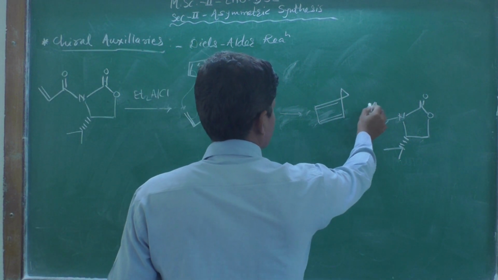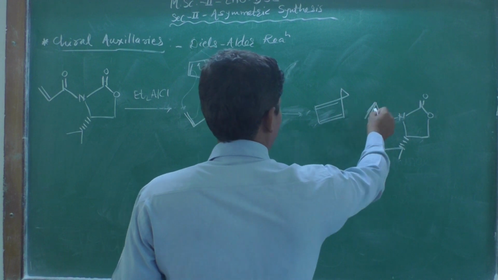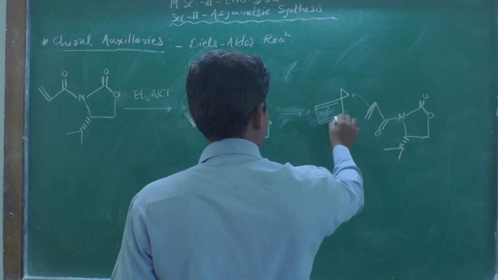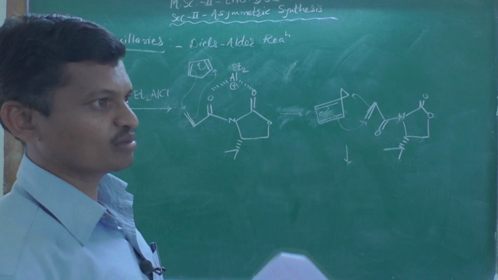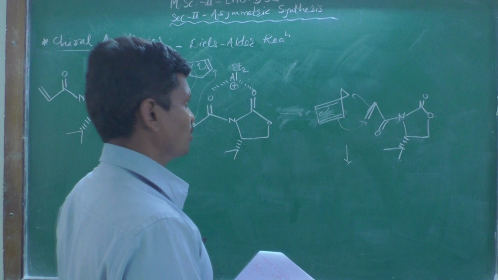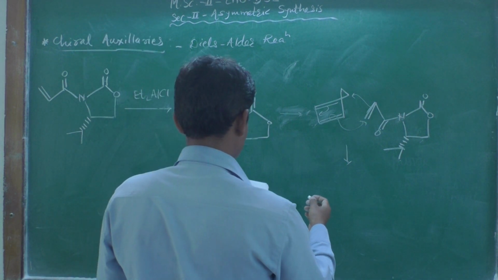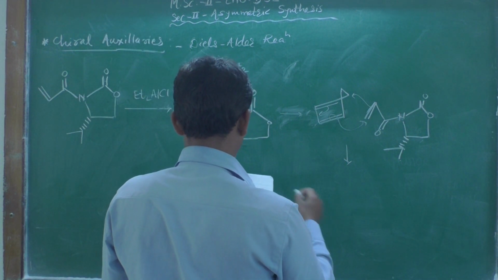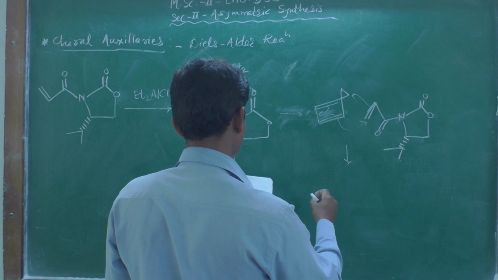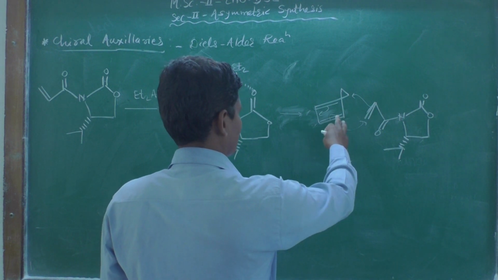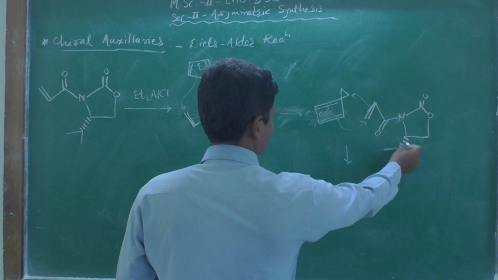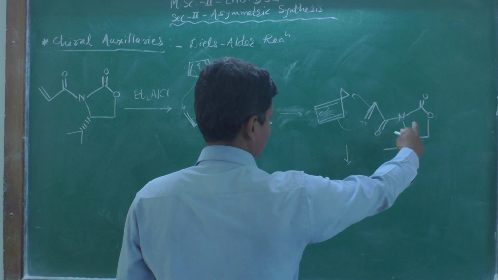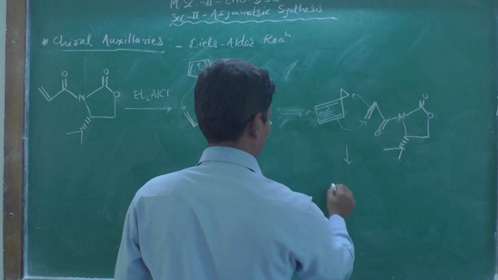I am explaining only how the orientation of that product is possible and how the product is obtained. This is a top face attack, due to the blockage by this isopropyl group which is alpha to this chiral auxiliary. This attack is possible.